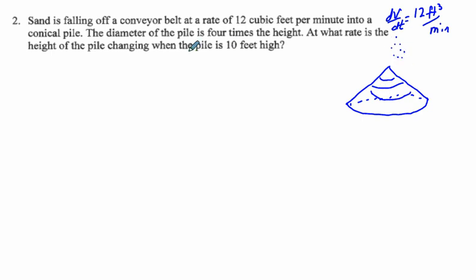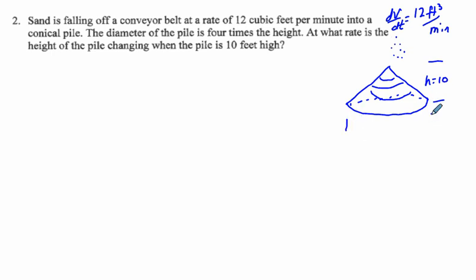And the diameter of the pile is 4 times the height. At what rate is the height of the pile changing when the pile is 10 feet high? And so we're going to start out with the height of the pile equaling 10 feet.